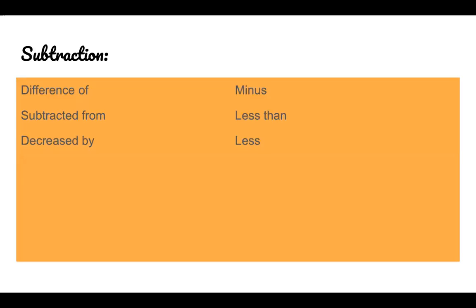Subtraction: difference of, subtracted from, decreased by, minus, less than, and less. So there are 20 less coconuts than Pikachus.